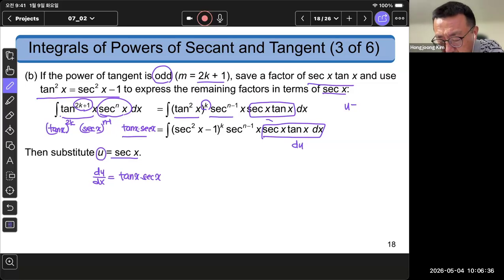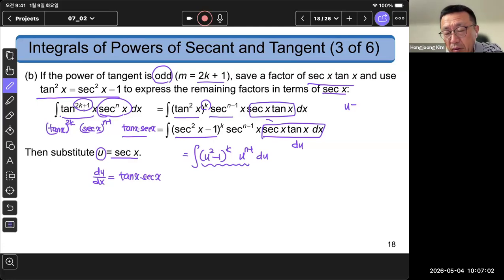And tangent x squared will be replaced by secant x squared minus 1. So the problem becomes u squared minus 1 to the kth power times secant x to the m minus 1, that is u to the m minus 1 du. So I have a polynomial in u again, and then you can integrate this function in u. And once you have a function in u variable, that is not the final step.